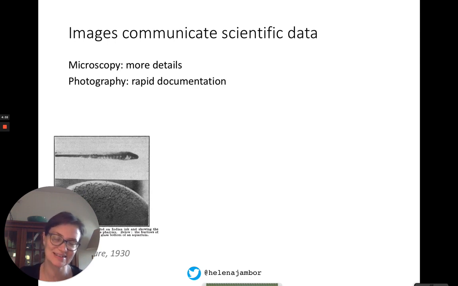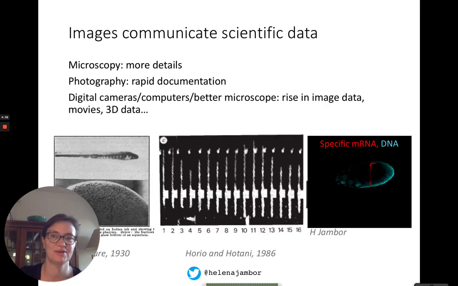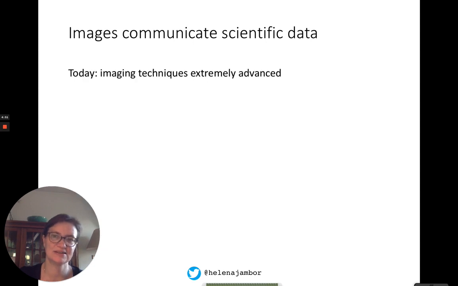And obviously, since then, the development of techniques has really sped up in terms of what kind of images are shown in publications. We see movies that are possible with better cameras, with computers. We see three-dimensional data that is deposited, and of course this doesn't stop.